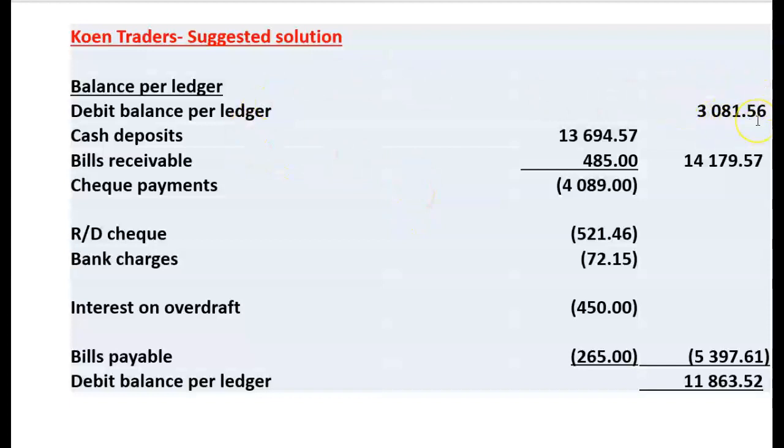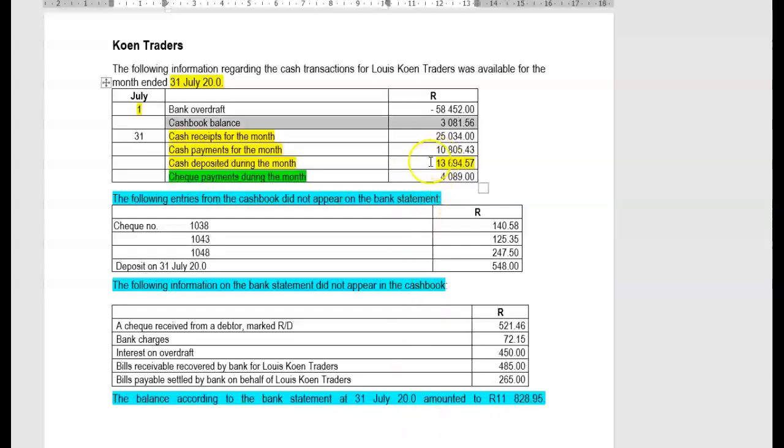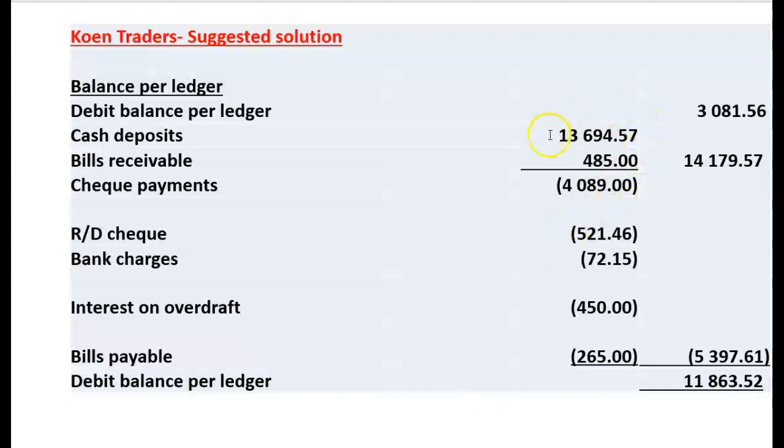I start off with an opening balance of 3081.56. And then obviously the amounts that were deposited into my bank account for the month, I have to account for that in my bank account because that went through my actual bank account, my Standard Bank account, 13,694. So that increased our balance in the ledger, 13,694.